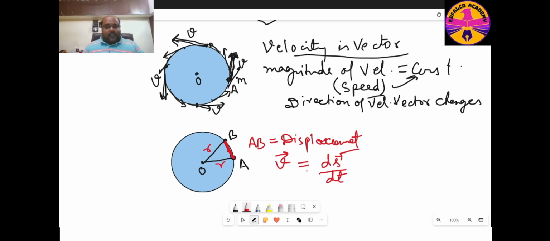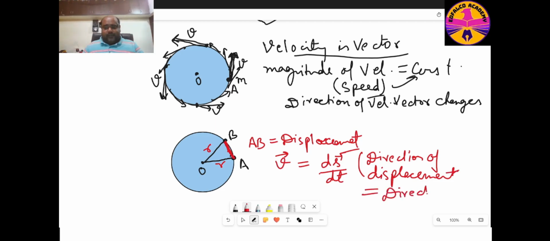So the direction of displacement will be the same as the direction of velocity, right?